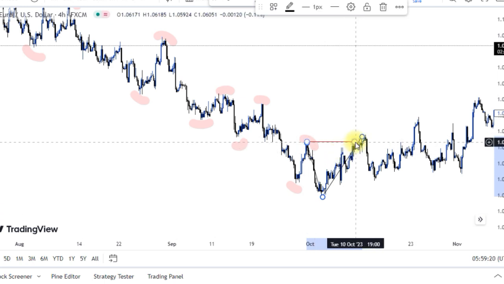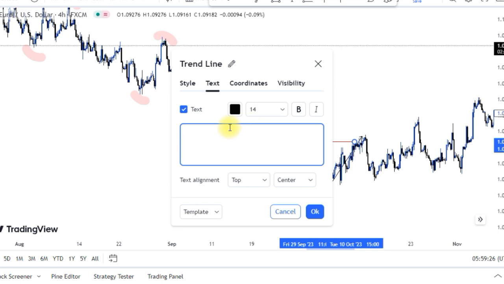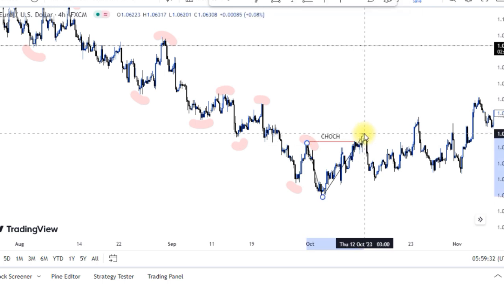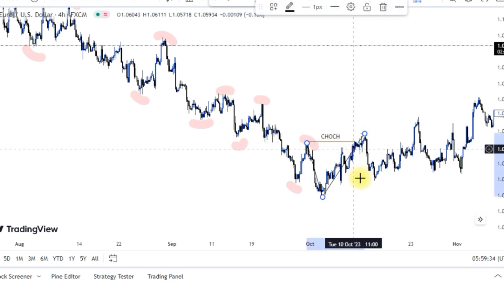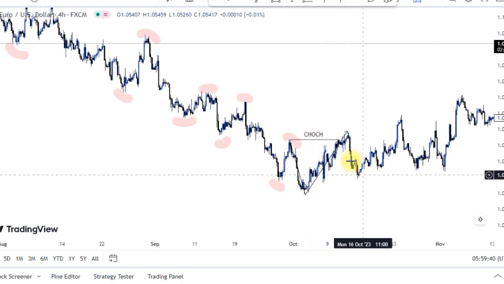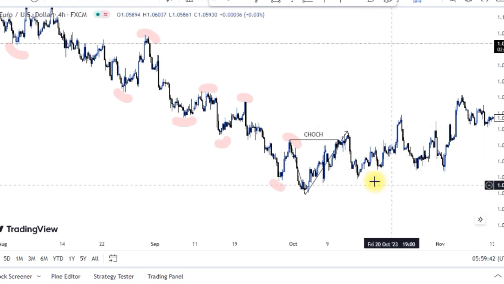And when this happened, that's when we realized that we are having a change of character. So this one here is our change of character. I hope that this is simple for you guys. And then if you look at this, after this change of character, we started being on an upward trend.